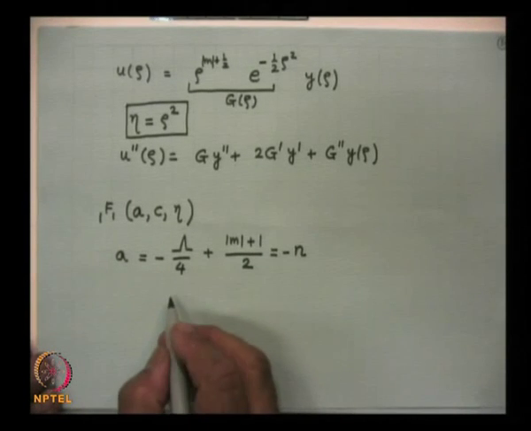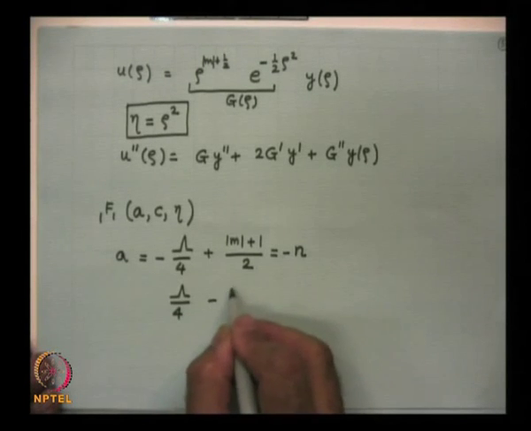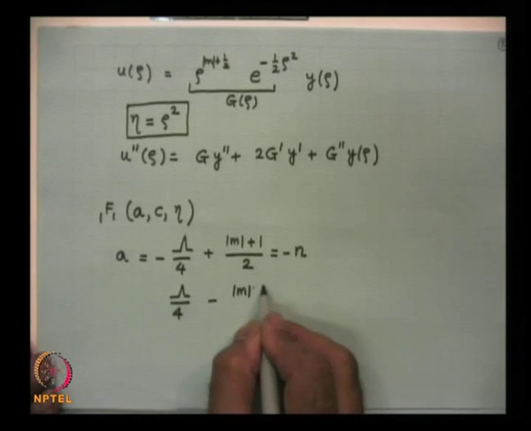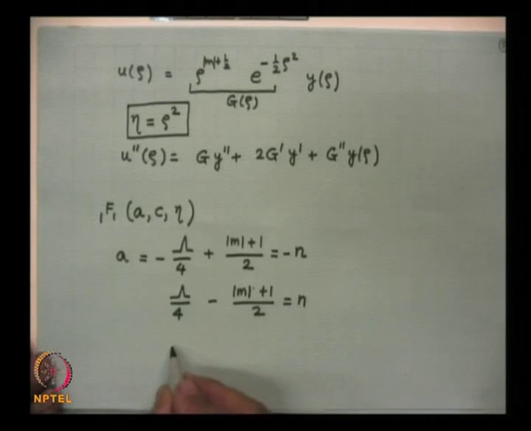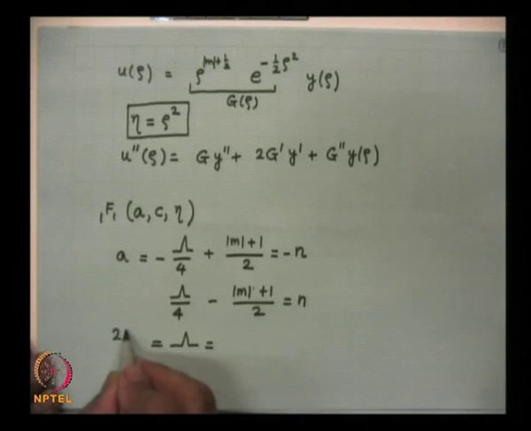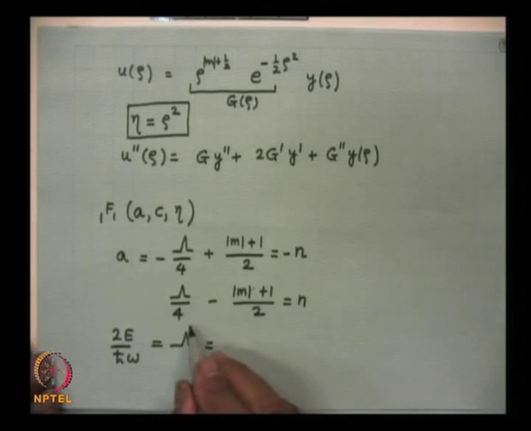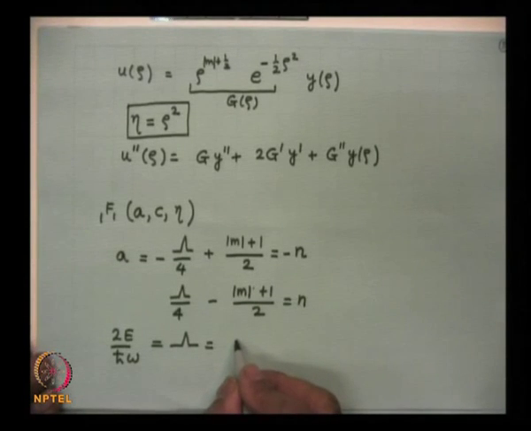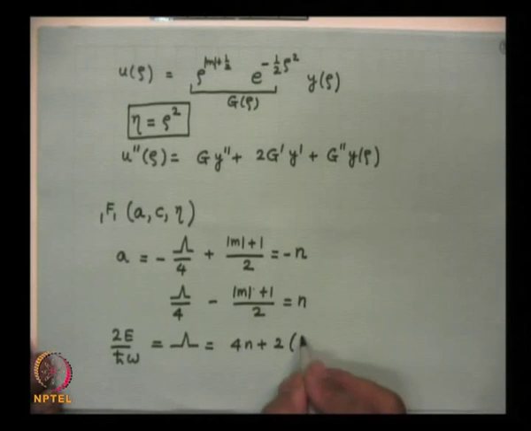So, if you multiply by negative sign, you get lambda by 4 minus (mod m plus 1) by 2 is equal to n. So, lambda, which is equal to 2E by h cross omega, will be 4n plus 2 mod m plus 2.